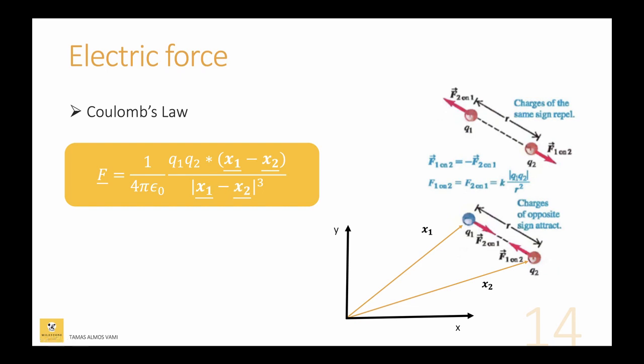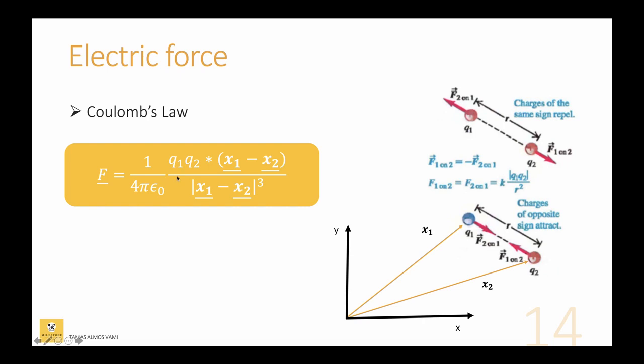But this is not exactly the same as what we have seen earlier. Earlier we had nothing up, we had just the q1, q2 up here, and we had r squared down here. Now we have this thing cubed. So what happened here is that we upgraded it to a vector notion. The force acting is going to be a vector. That's why I have this underscore here denoting the vectors.